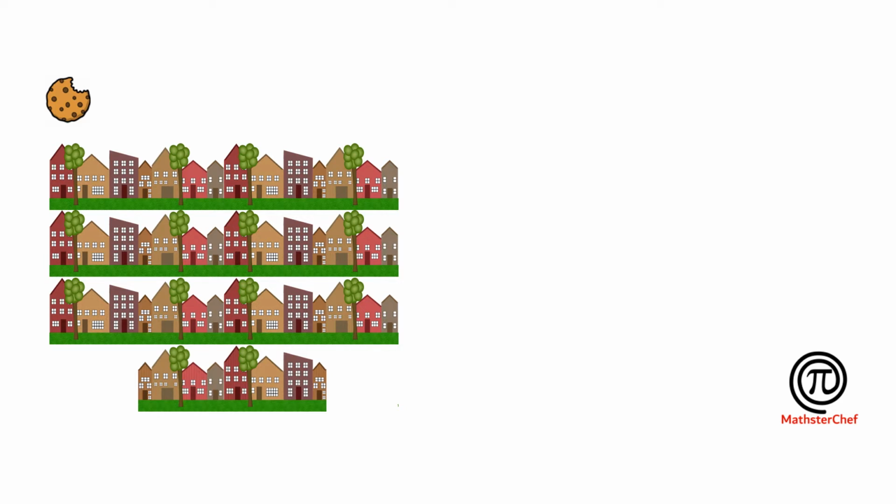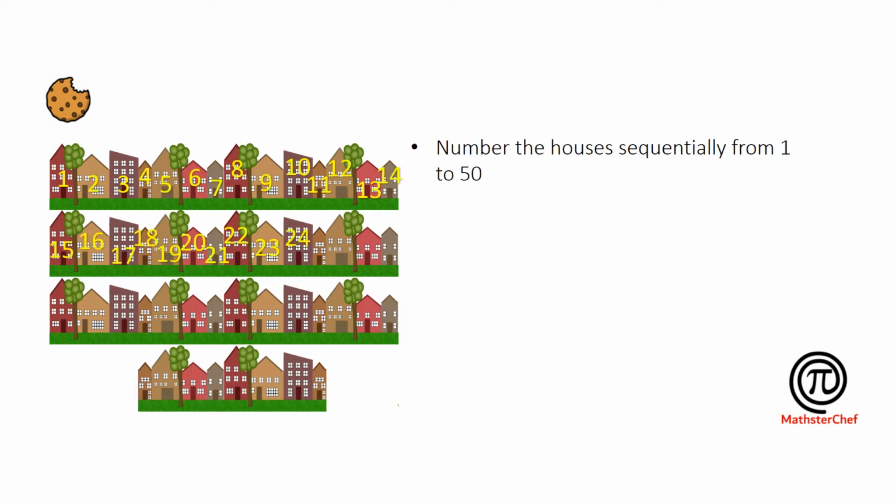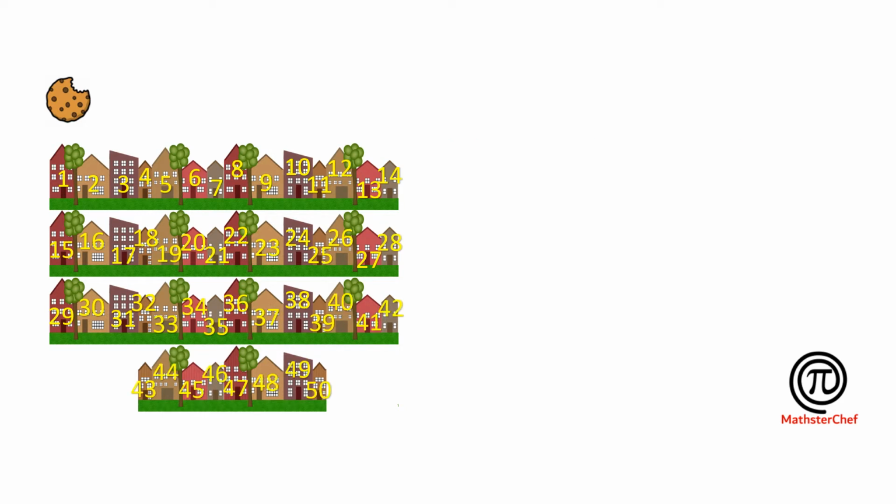The first step in this problem is to label the houses sequentially from 1 to 50. In the question, we want to show that there are two houses exactly 5 apart on the street that have a pet dog. So since we want our houses to be 5 apart, we can consider making 5 pigeonholes.